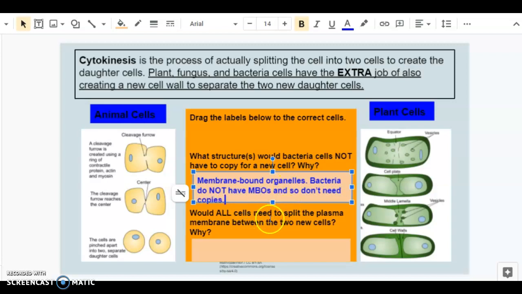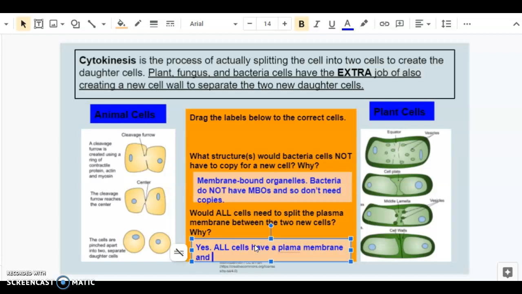Why would all cells need to split the plasma membrane between the new cells? Yes, they all would. Why? All cells have a plasma membrane, and it is necessary for homeostasis.